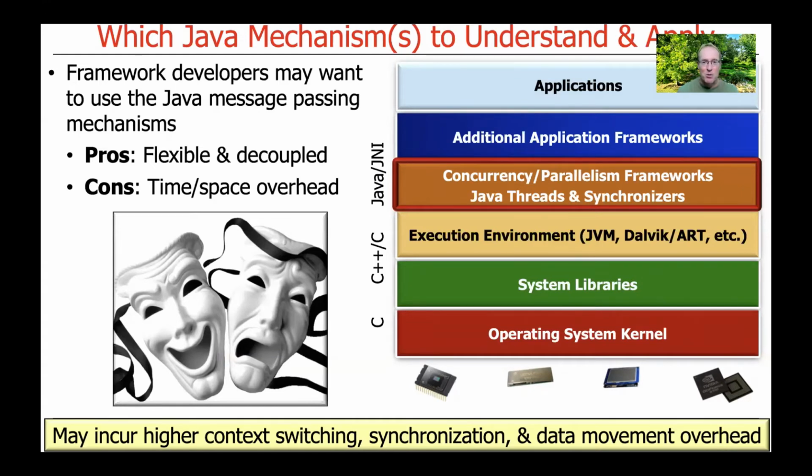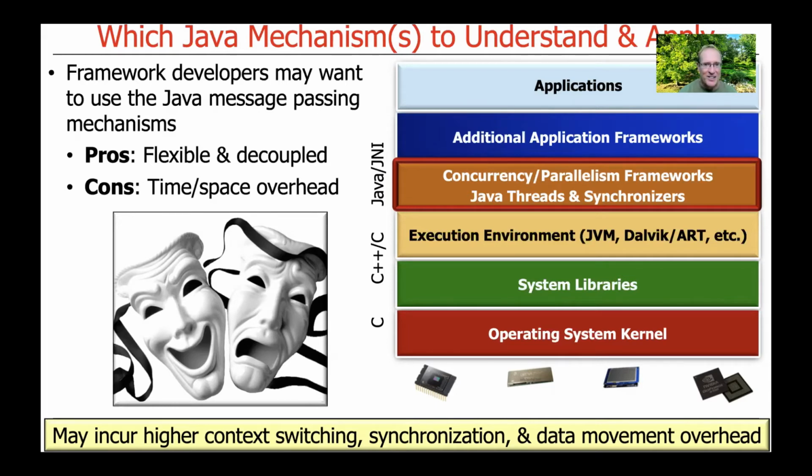So it's very flexible, very decoupled. The downside is that passing messages back and forth between threads can incur some time-space overhead, which may be undesirable. The reason for this is that moving things between threads incurs higher context switching overhead, higher synchronization overhead, higher overhead for data movement and memory management.